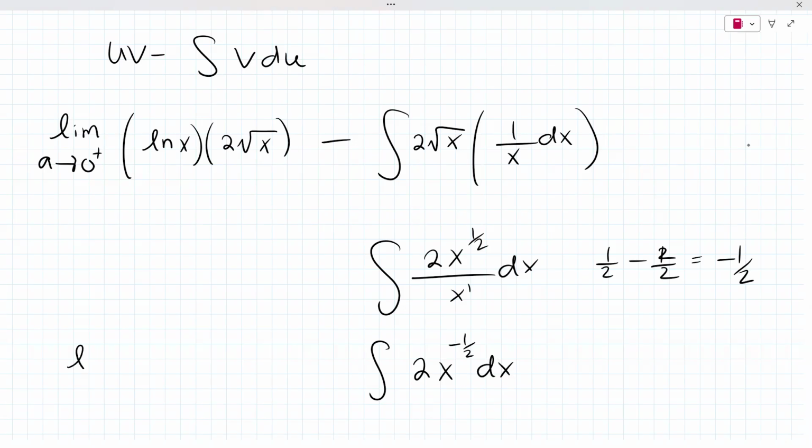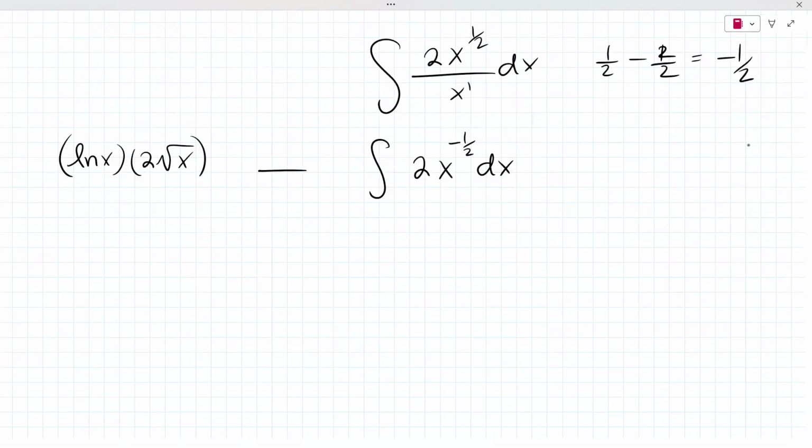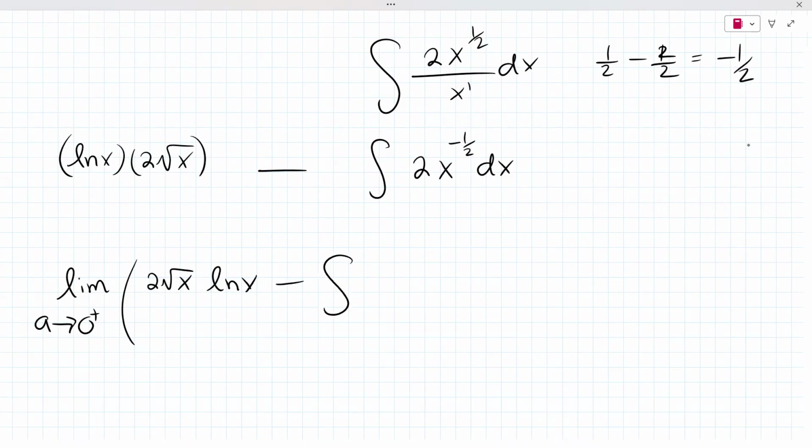So that's going to be ln of x times 2 square root of x minus, so you can say the limit as a approaches 0 to the right of 2 square root of x ln of x minus the integration of 2x to the negative 1/2 dx.